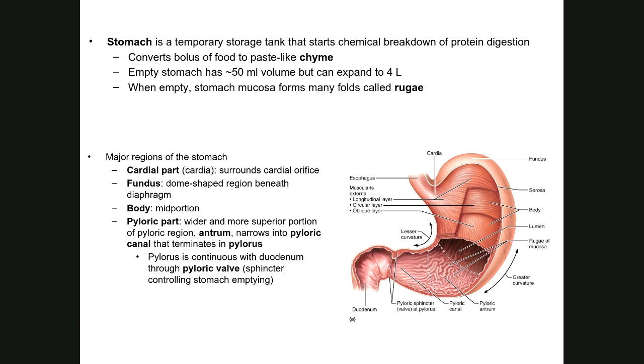In the pyloric part, we have another region that we call the antrum, that narrows into the pyloric canal, and this terminates at the pylorus, which leads to the duodenum, toward the valve or sphincter controlling stomach emptying. We call it the pyloric valve or pyloric sphincter.